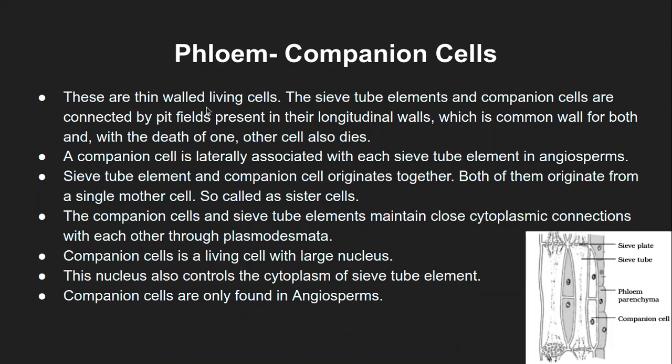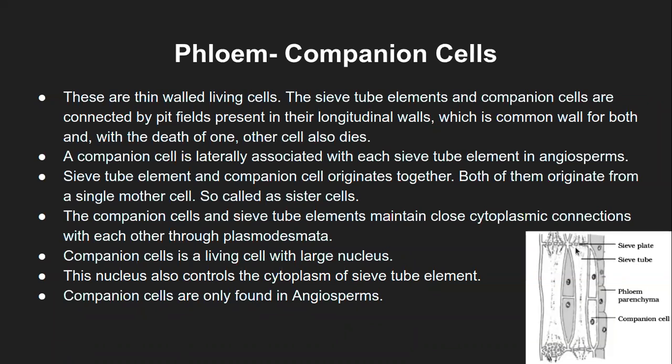These are thin walled living cells, and the sieve tube elements, the sieve tube structure that we had seen earlier, and the companion cells are connected by the pit fields, that is the holes present in their longitudinal wall. These are the companion cells, and these are the sieve tubes.